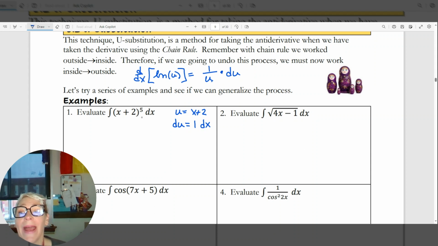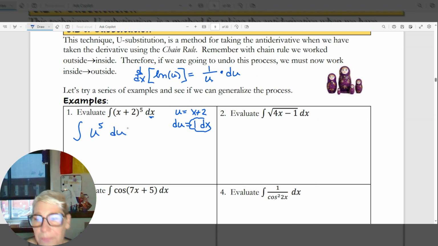So our job now is to rewrite our original antiderivative, our integral, using only u or du. x plus 2 is u, so I have u to the fifth. And then 1 dx, this guy, is our du. So we have an easy power rule antiderivative.